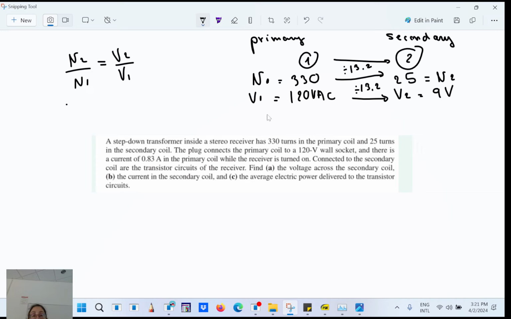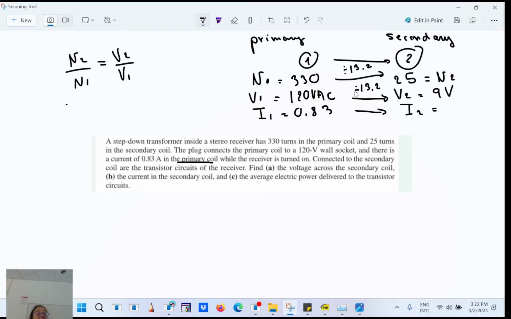But for the current, it says here there is a current in the primary coil. So what's going to happen to the current? Here we cannot use cross multiply with this, because if the voltage goes down, the current has to go up.